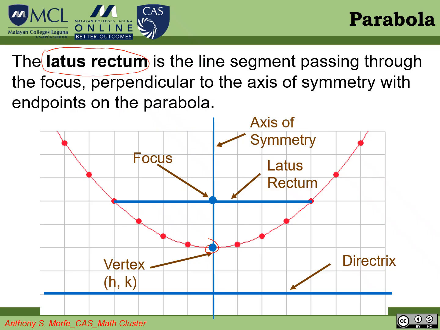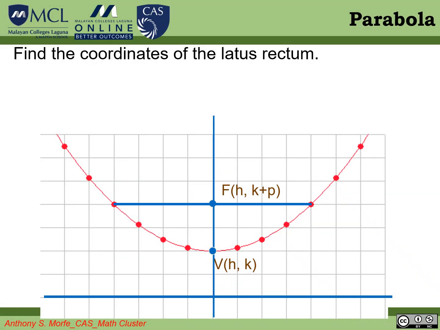So we need to indicate the coordinates of this point and also this point. If we find the coordinates of the latus rectum, this is what we can see, class.